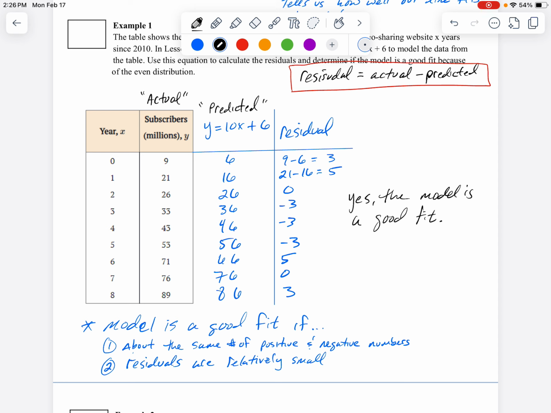We say residuals are evenly distributed, meaning that positive and negative, and relatively small.